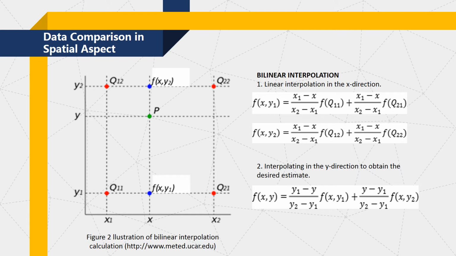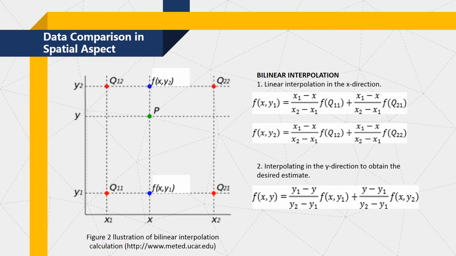The first, we will interpolate the value of this grid in x direction, between x1 and x2 to get the x value.